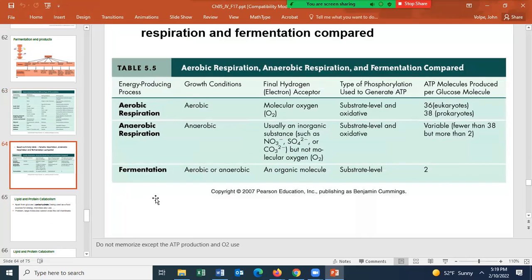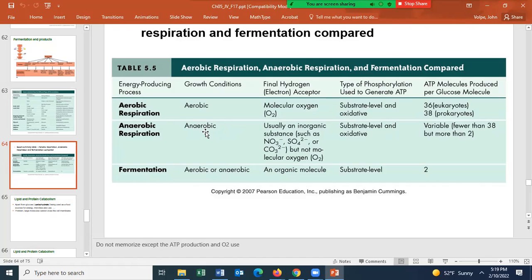If not, this is comparing the different forms of respiration to fermentation, which some people call fermentation a form of anaerobic respiration. I do not, and your textbook does not, because fermentation is a fermentation reaction, and I consider anaerobic respiration to be similar to aerobic respiration.